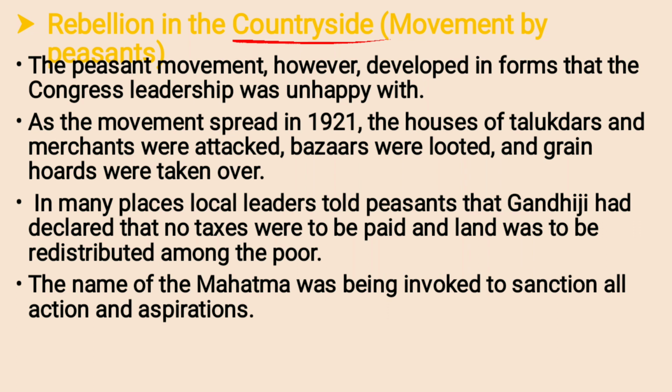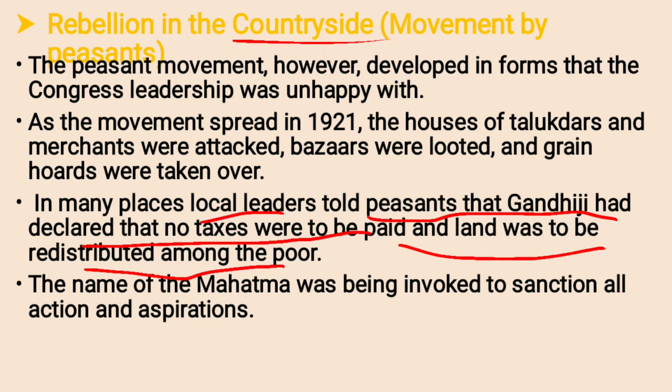In many places local leaders told peasants that Gandhiji had declared that no tax was to be paid and land was to be redistributed among the people. Local leaders told peasants that Mahatma Gandhi had also declared there would be no tax from the peasant side. There would be no disturbance of their lands for the poorest people.